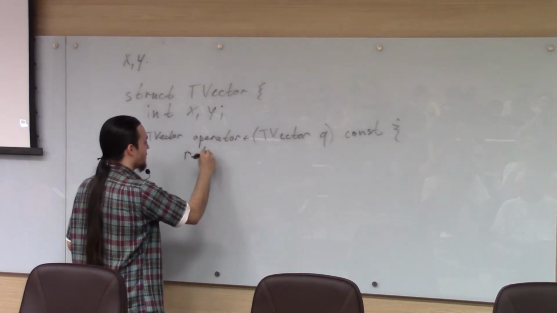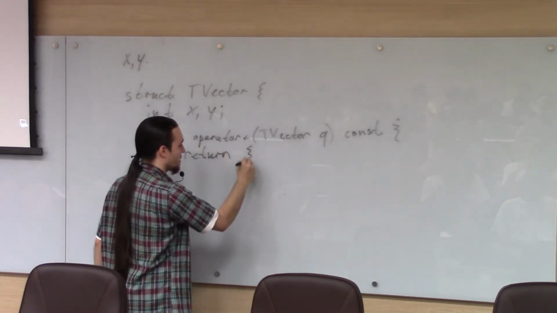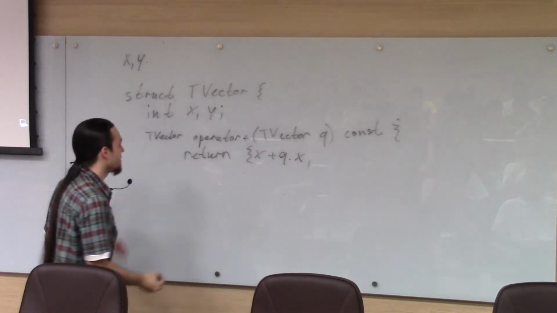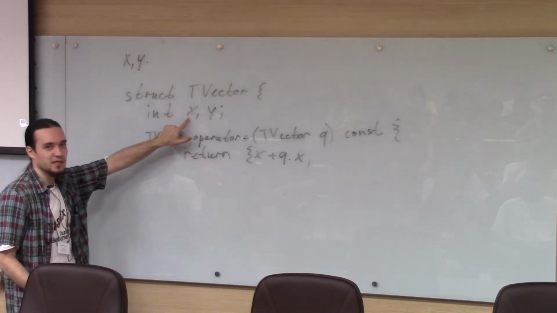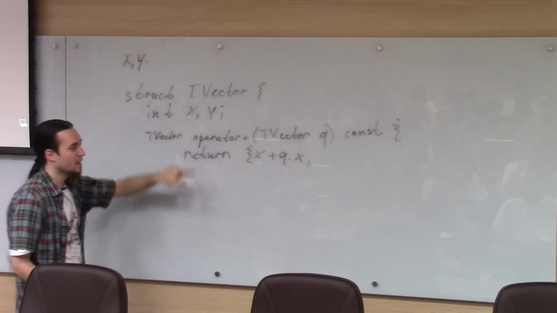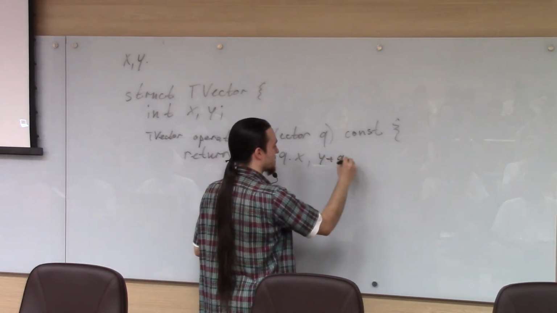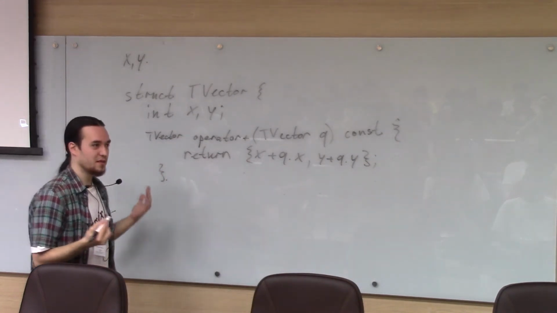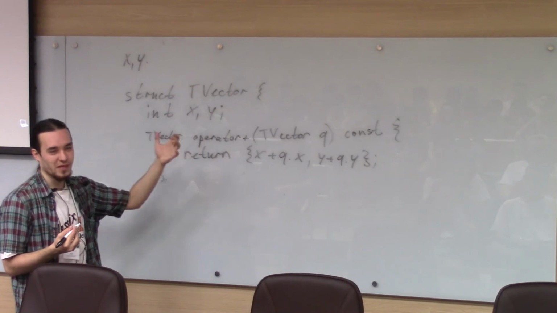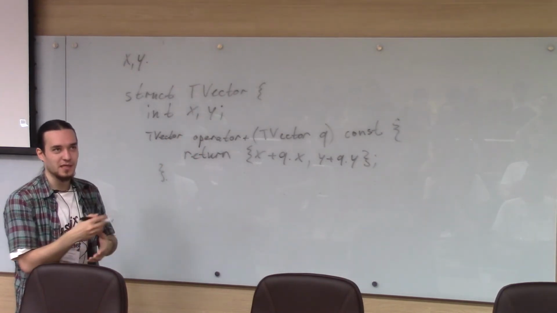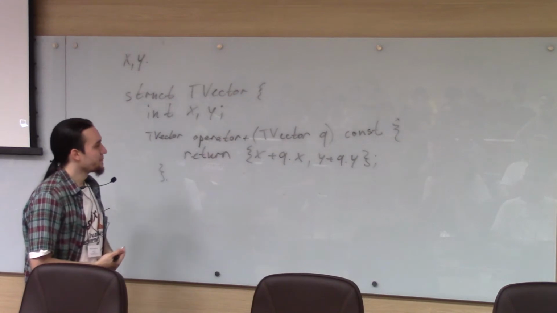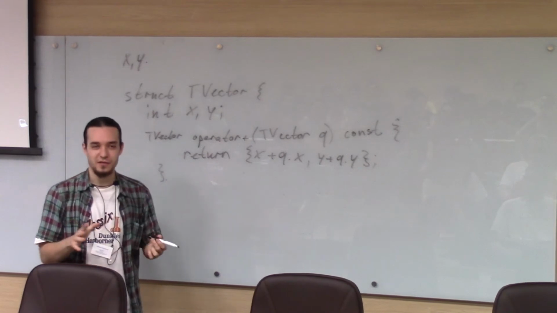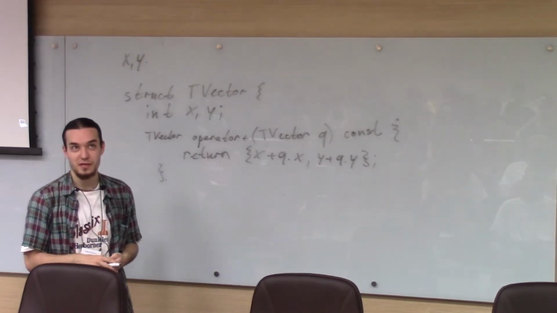So we can write as short as return curly bracket x plus q.x. So this x here is going to be this x because everything is happening within our current structure. And after that, it's y plus q.y. Okay. So we have just defined the plus operator, and we can use it. It will work, and it is very short, right?